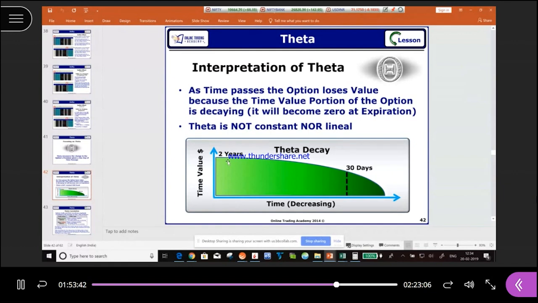Lesser the time value, more the theta. More time for expiry, lesser theta value. Lesser time for expiry, more the theta value. Because what is theta's job? To reduce the premium, the time value component of the premium, so that at expiry the time value will become zero, isn't it?